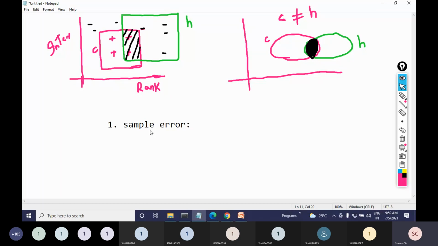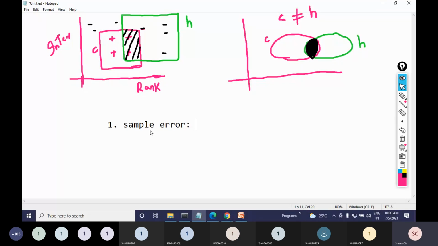In those training records, when I apply my hypothesis, out of 14 records, 9 were yes, 5 were no, if you recollect the playing tennis example. So for this sample data, in how many sample records my hypothesis worked successfully and in how many it failed, that is sample error.